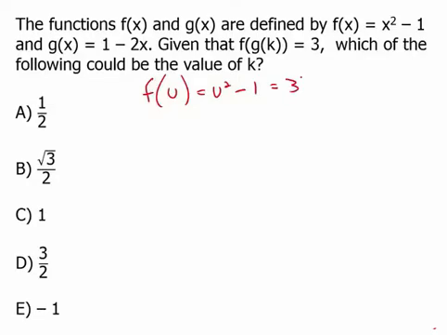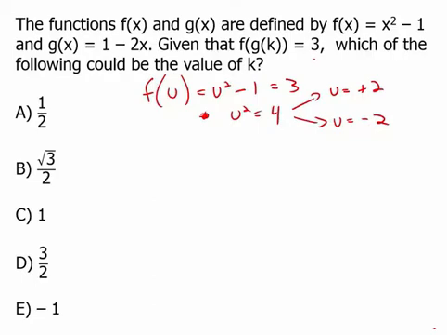When would this equal 3? Well, of course, we'd get u squared equals 4, and we have to be very careful here. We take a square root, and we have to consider both possibilities, u equals positive 2 or u equals negative 2. And so these are the inputs of f that would produce an output of 3.